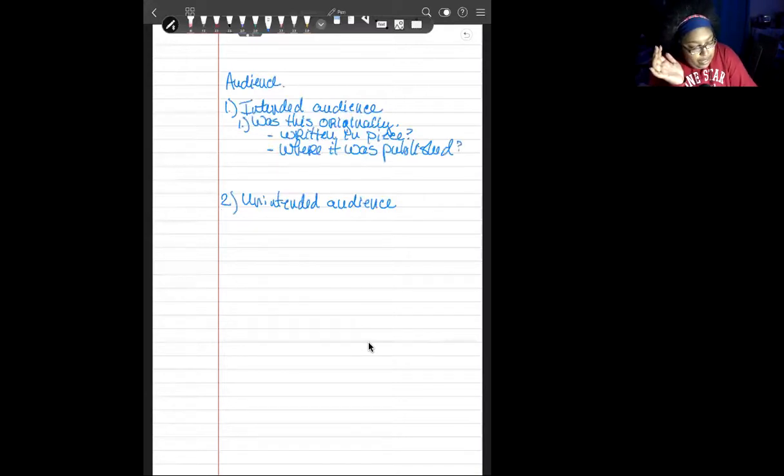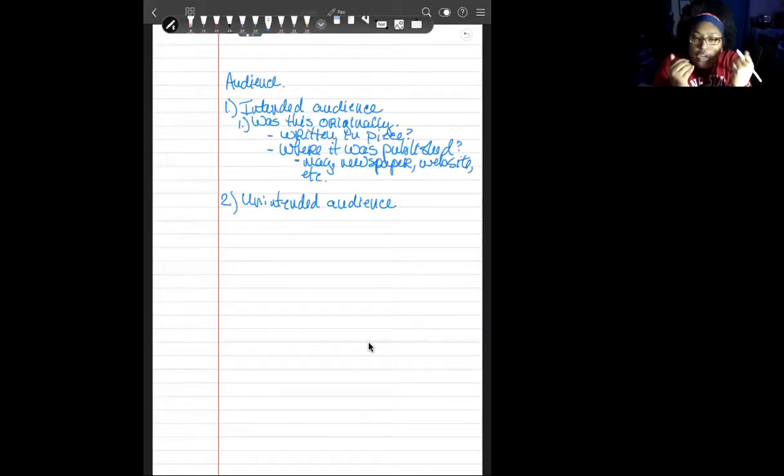If it was published, say, in a magazine or newspaper or website or a book, then we kind of know. We have to look at the audience of the magazine, the audience of the newspaper, of that website. We want to look at the about page, and we want to formulate an opinion.